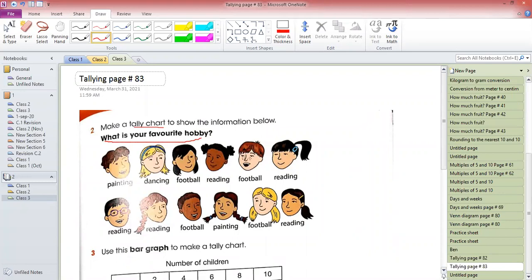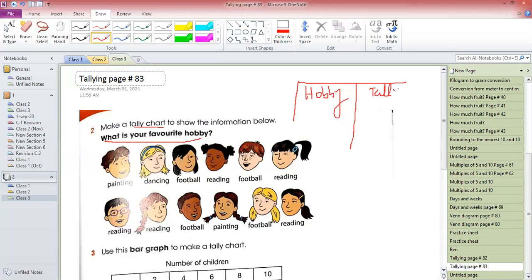First I will show you how to do this, then we will complete it in our notebook. When we start working in the notebook, I am going to do it roughly. I will make two columns. The first one will be hobby and the second one will be tally.